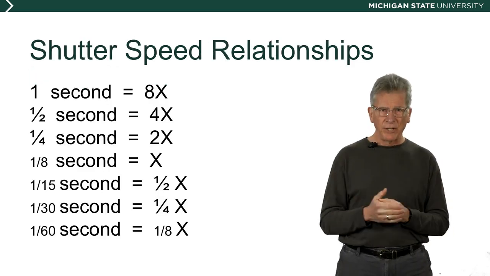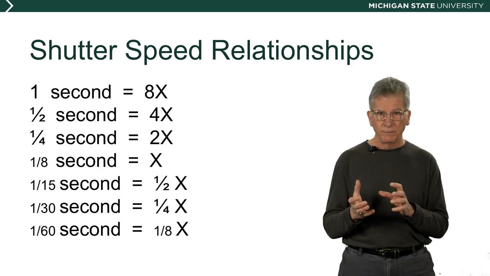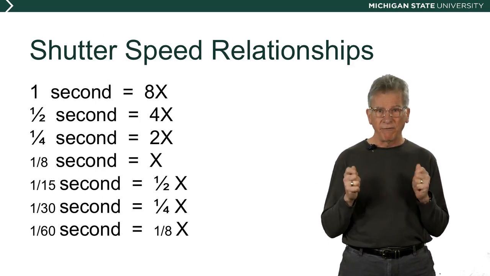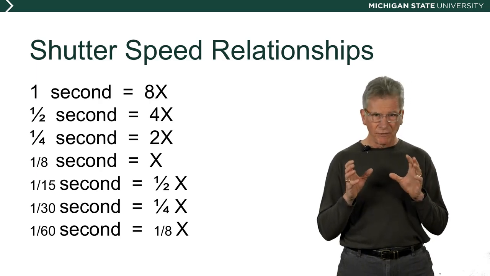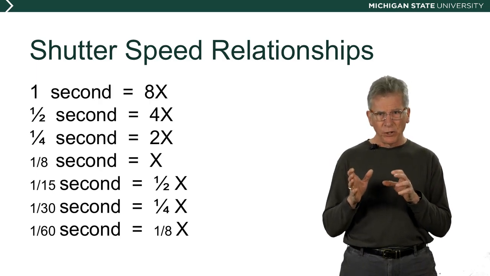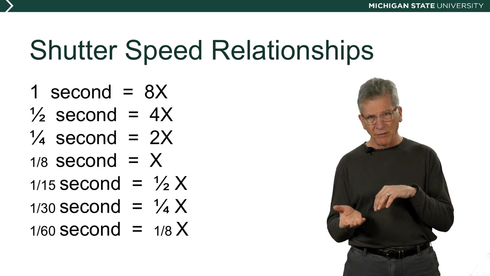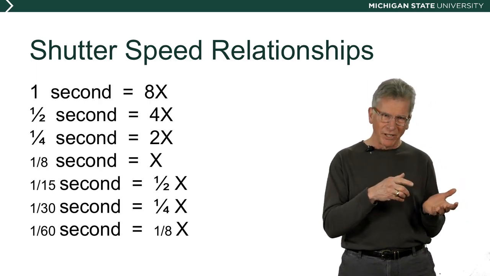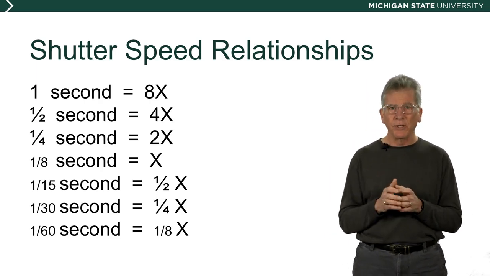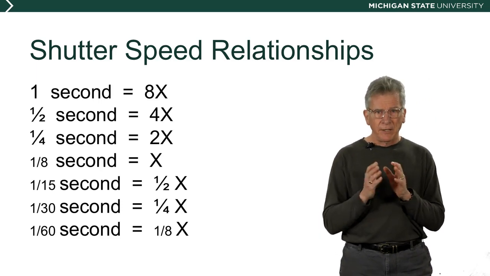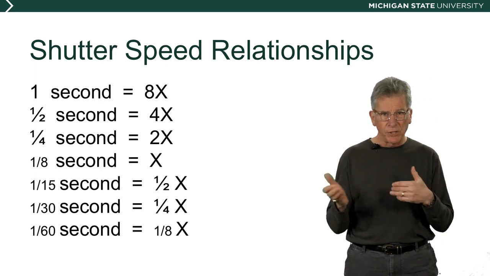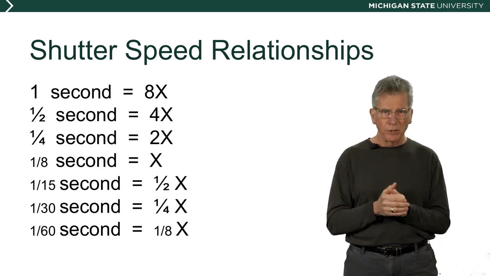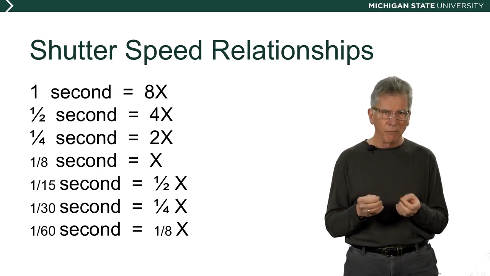In the earliest inventions of the mechanical shutter, somebody made a very, very good decision. They decided that the sequence of standard shutter speeds should be either double the amount of time or half the amount of time, depending on the direction the shutter was set. The next shutter speeds would also be either double or half, and then so on. So here's an example using 1/8 of a second as the middle point.